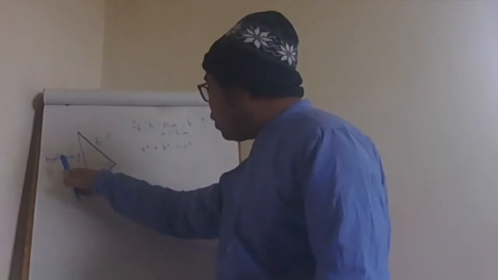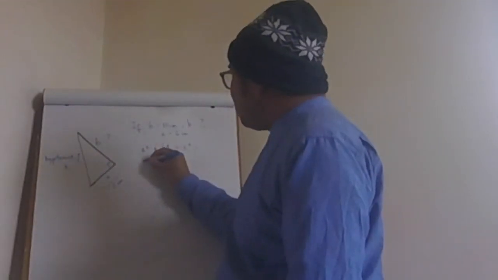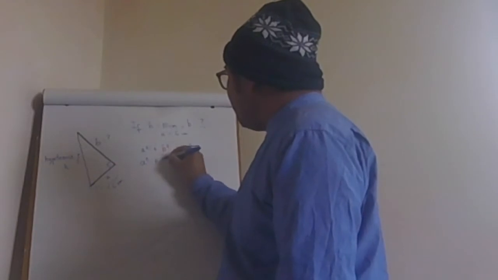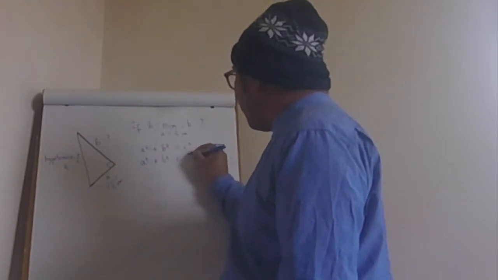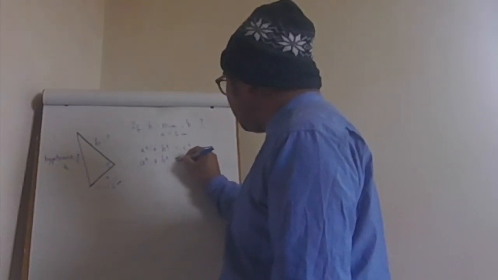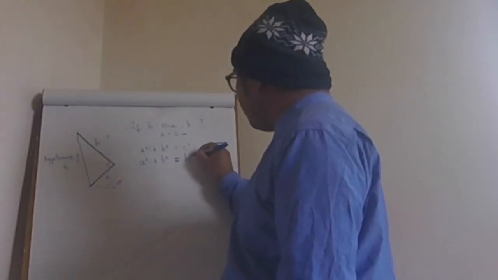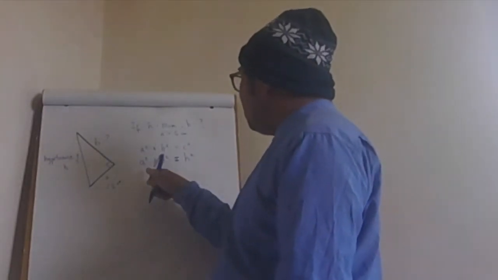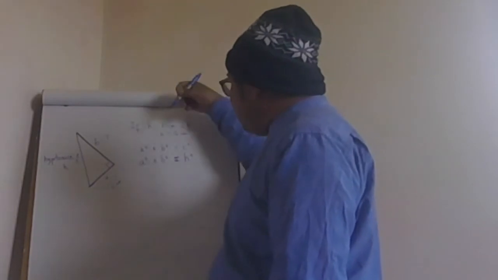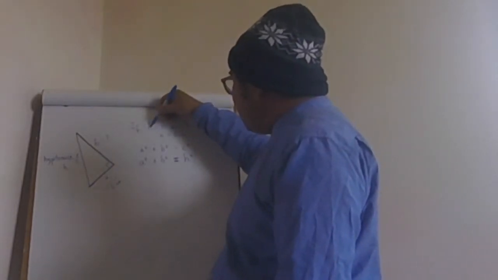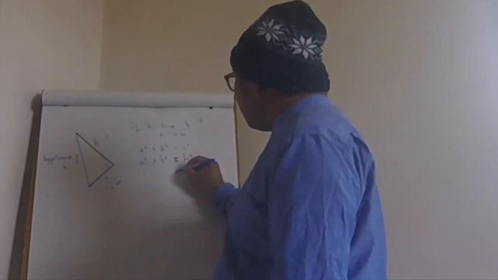Because we call this H, we substitute: A squared plus B squared equals H squared. Now we substitute the value of H in here. H is 10.